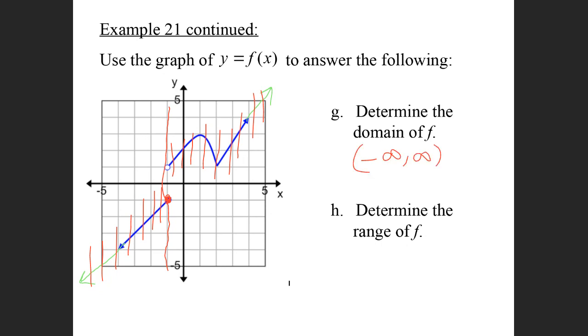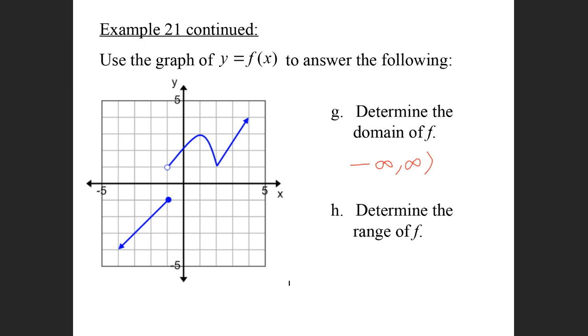Now, what about the range? Minus infinity to minus 1. That's it? No, then 3 will be minus infinity. So minus infinity to minus 1.